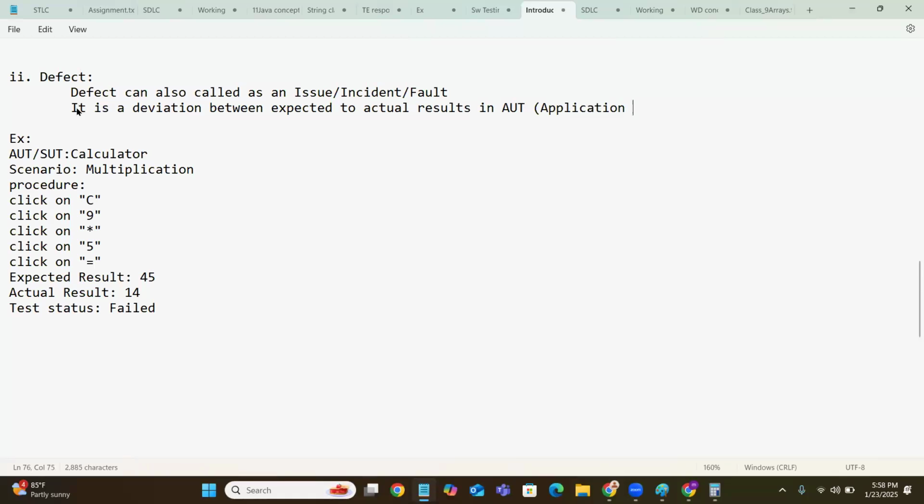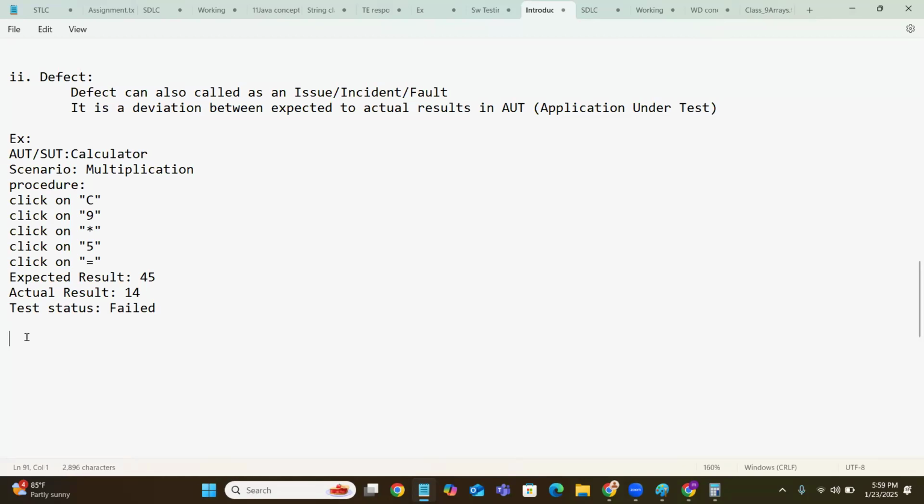AUT means application under test, not at the code level or page level. It is a deviation between expected and actual results in AUT, application under test.